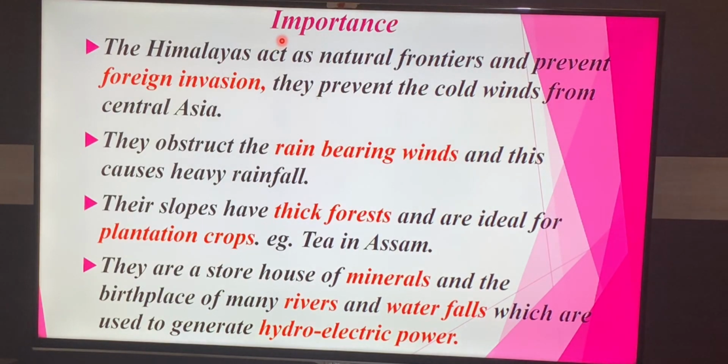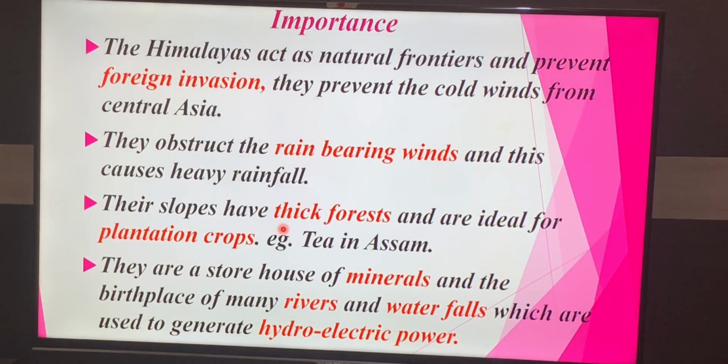Next, we will learn about the importance of northern mountain or importance of Himalaya. Himalayas act as a natural frontier, that is natural border, which prevent a foreign invasion to India. They also prevent the cold wind blowing from Central Asia. They obstruct rain-bearing wind and this causes heavy rainfall.